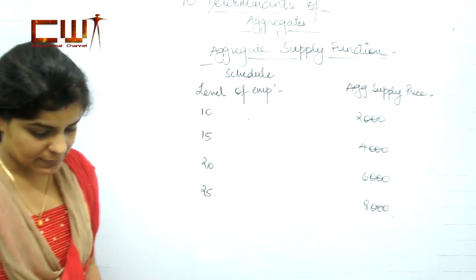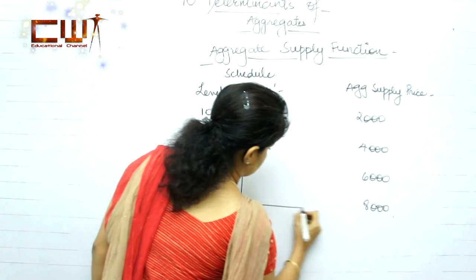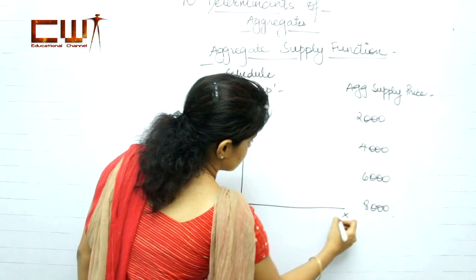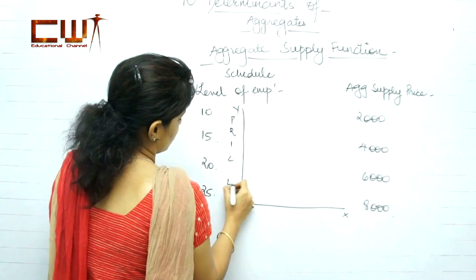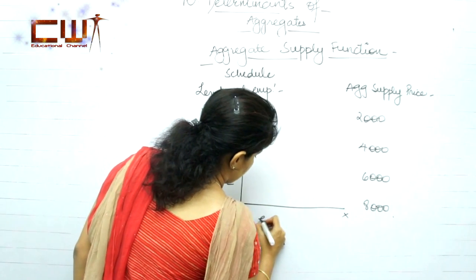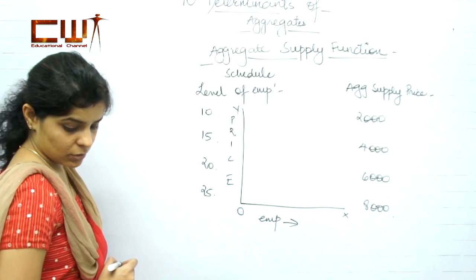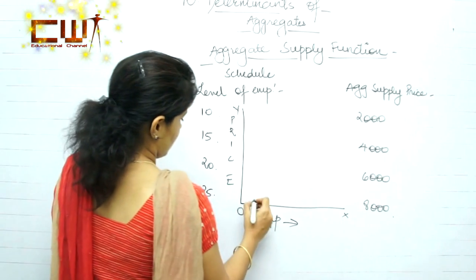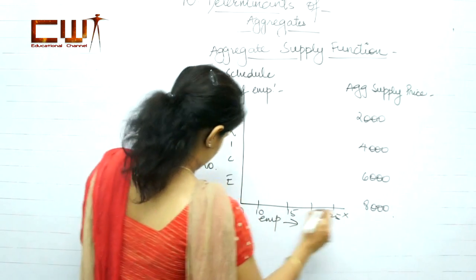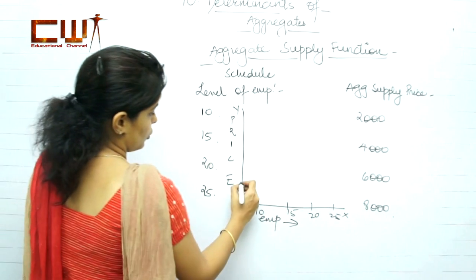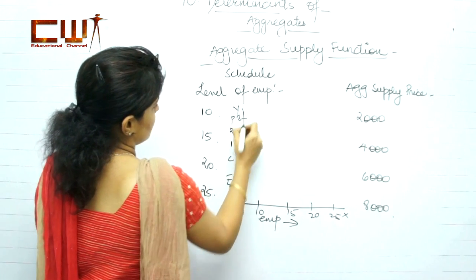This is your aggregate supply price. Let's see how you make it. This is the OX axis and this is the OY axis. You are taking the price on the OY axis and the employment on the OX axis. You have 10, 15, 20 and 25, then you have 2000, 4000, 6000 and 8000.